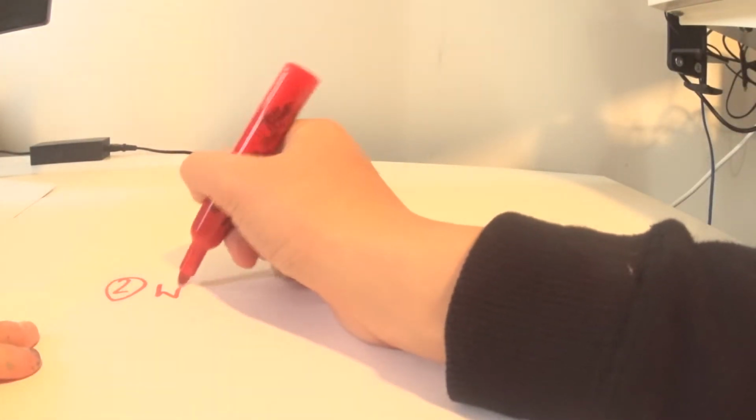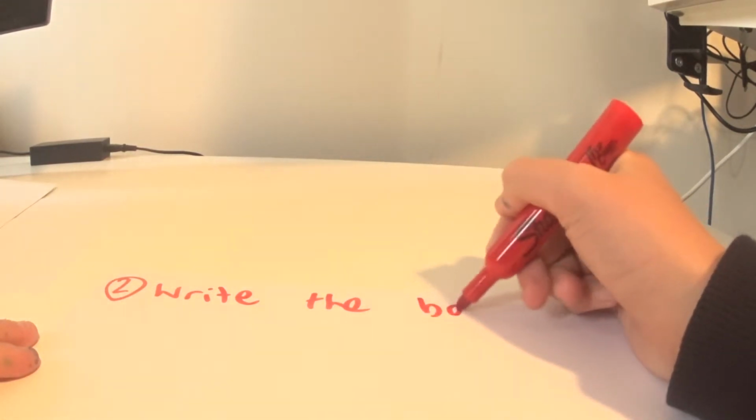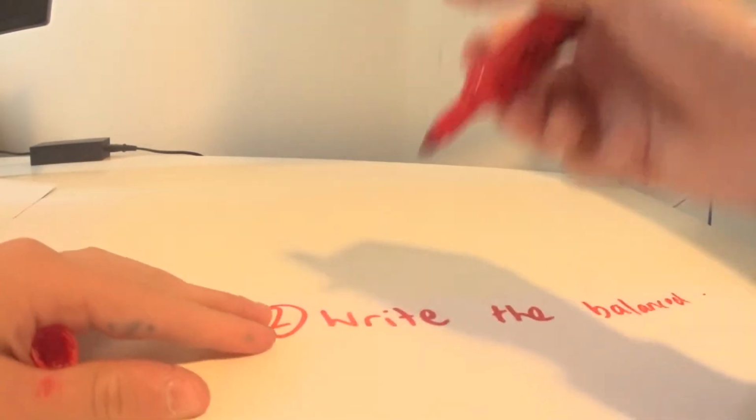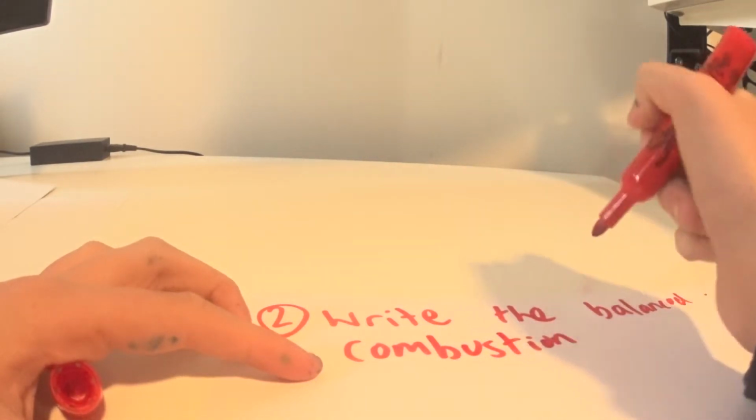Question 2 is going to be the following. Write the balanced combustion reaction. You should all know what a combustion reaction is if you've done foundation chem. If not, do it now.